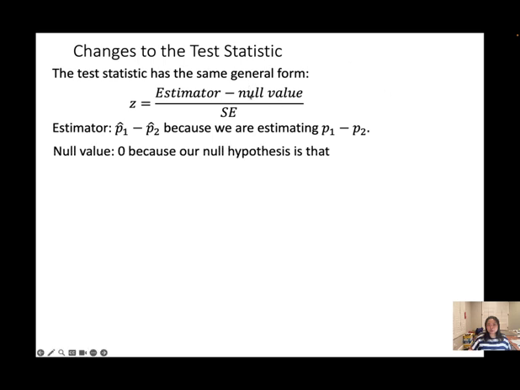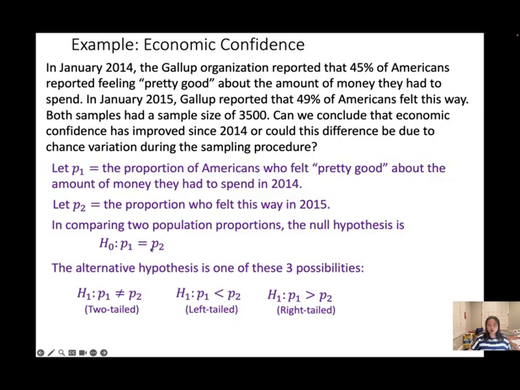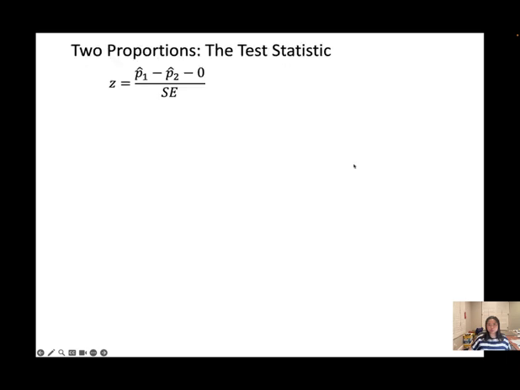The null value will be equal to 0, because under the null hypothesis the proportions are supposed to equal each other. So we're going to plug it in here. The estimator is the sample proportion 1 minus the sample proportion 2. That will be our test statistic.